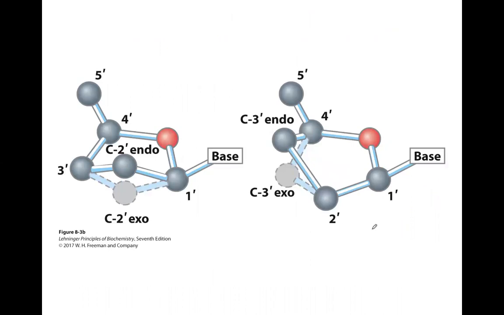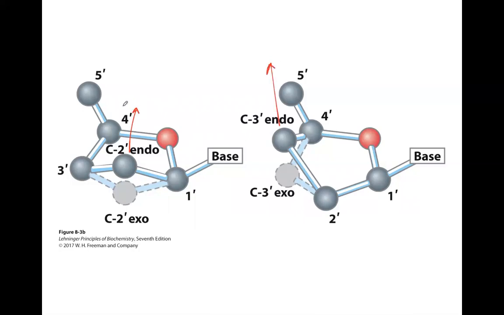They have this envelope conformation, and you can see what's happening here is either the C2 prime carbon or C3 prime carbon can go out of the plane of the 5-member ring and go up like so. And this can go up like so, right?